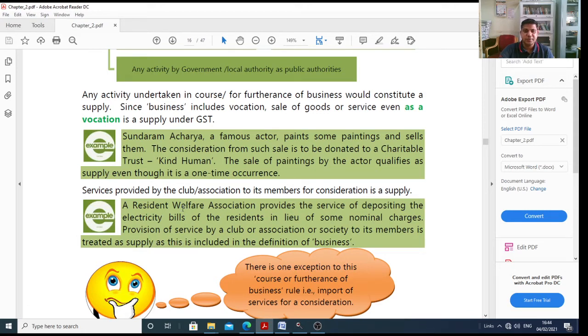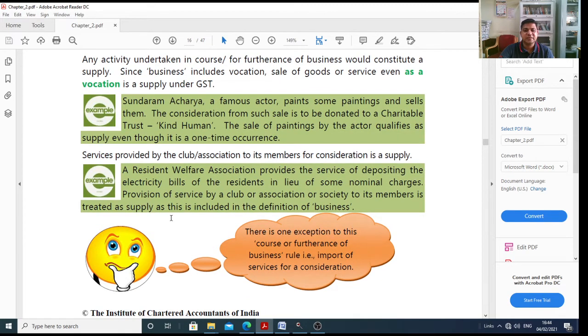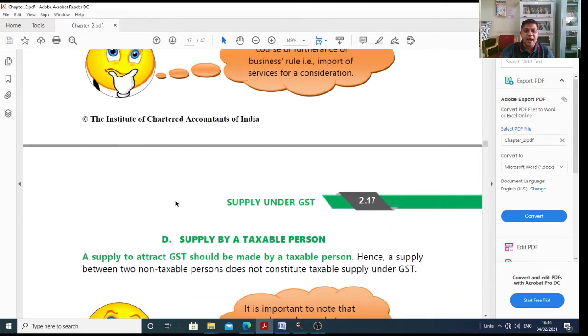These things you have to keep in mind. A resident welfare association provides a service to the residents in lieu of some nominal charges, and it deposits the electricity bill, still we can say that it is a supply.